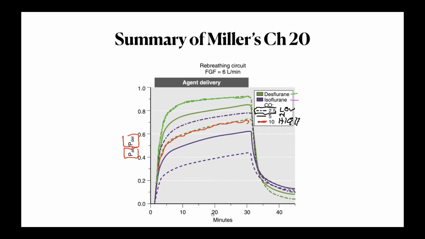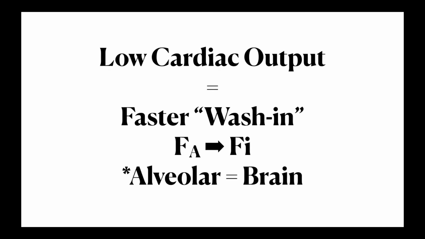The second idea is when equilibration between two compartments is achieved. Quite simply, if you got asked a question on this, the basic premise of your answer should be that a low cardiac output equals a faster washing, so that your alveolar partial pressure of the volatile agent reaches your inspired partial pressure a lot quicker.